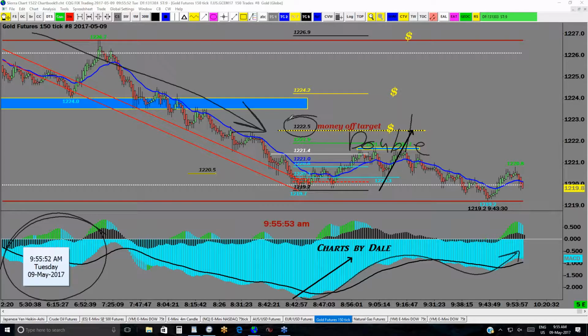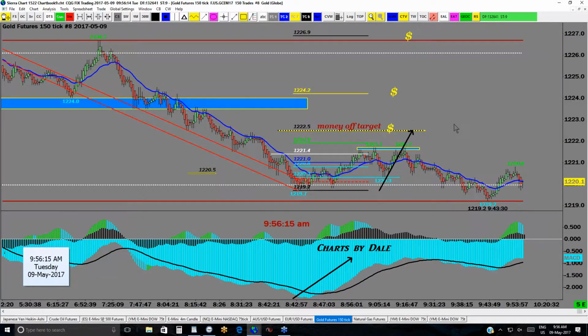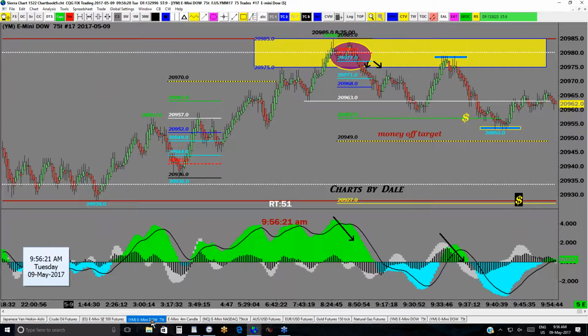We'll do a quick contrast with what we were looking for on, let's erase these drawings here, one sec. A quick contrast on the E-mini Dow. What we're looking for there is to the downside off of the resistance.